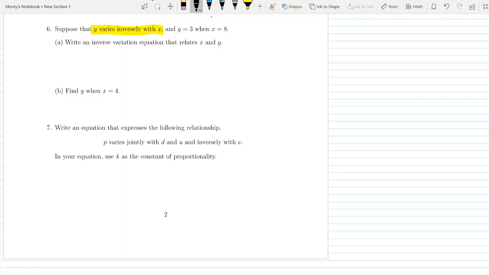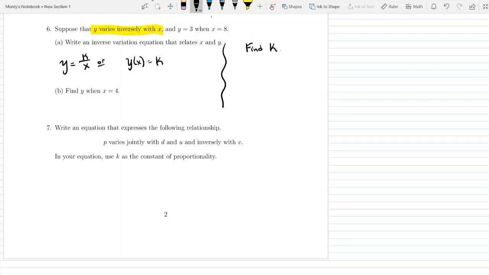So again, you go back up above, we have that y is equal to k divided by x, or y times x is equal to k. Now, just like down here, you can't plug in x is equal to 4 without finding what k is, without finding our constant of variation. So again, we need to find k.